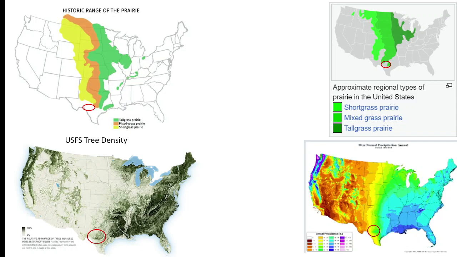You can see a little bit of a bump out in the annual precipitation here in the southern Edwards Plateau. And if you look at tree density from U.S. Forest Service, you can see there's a lot of trees here in the southern part of the Edwards Plateau. So that's kind of where we are in North America, or in the United States anyway.